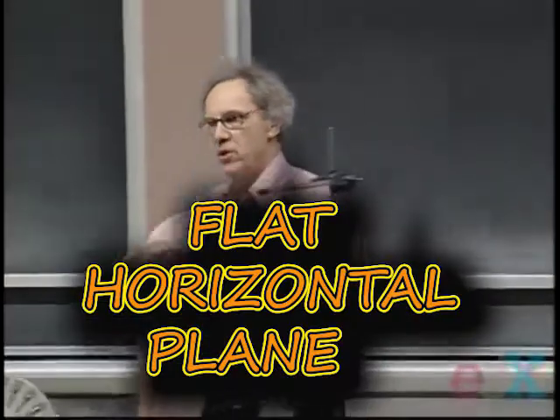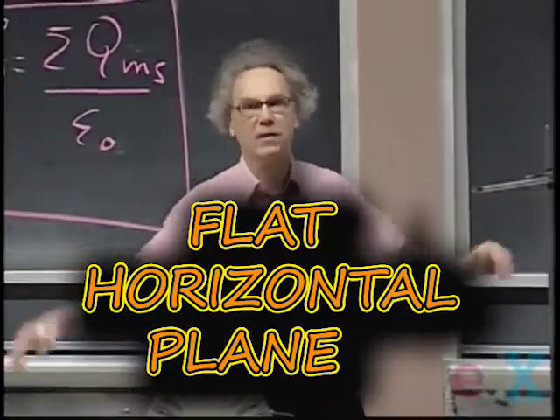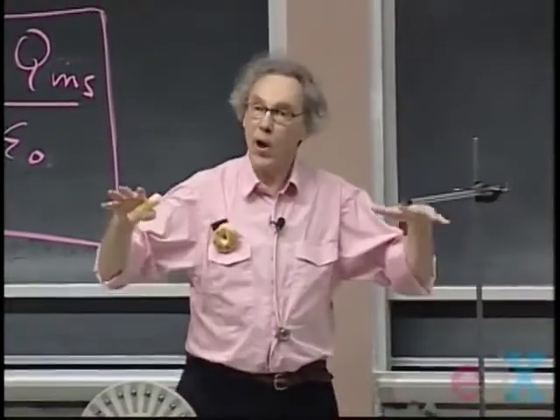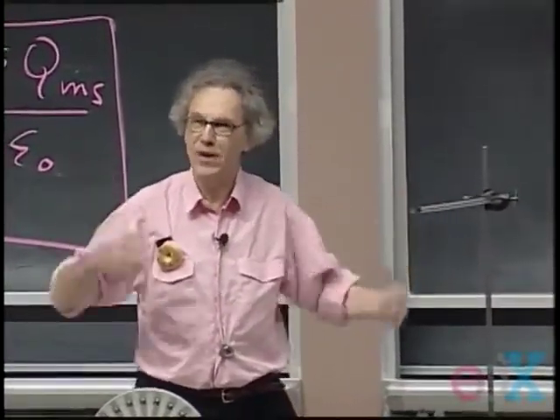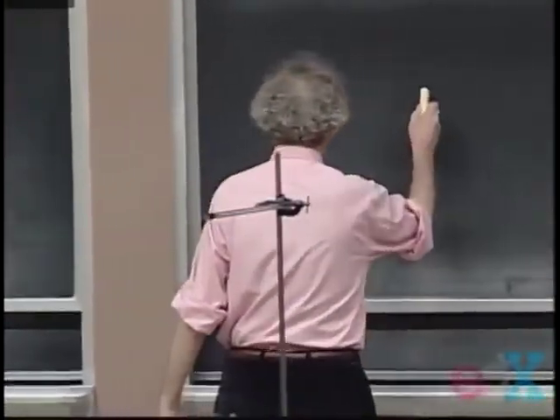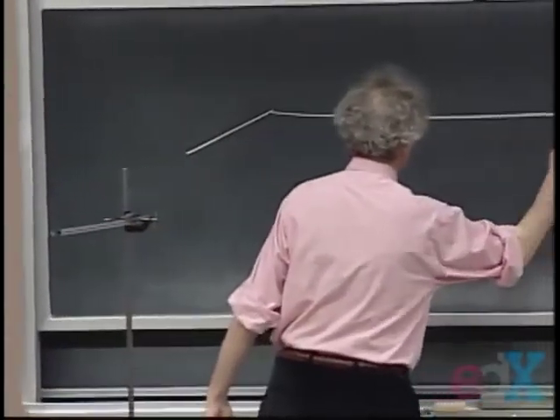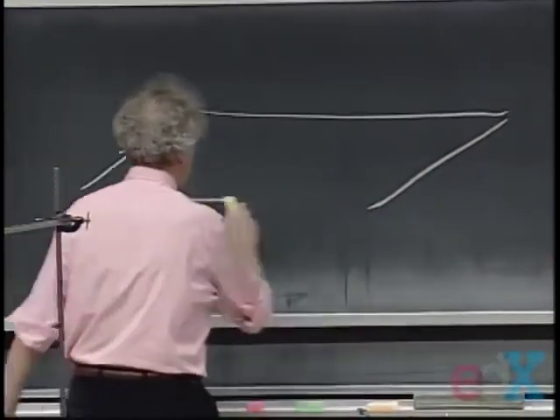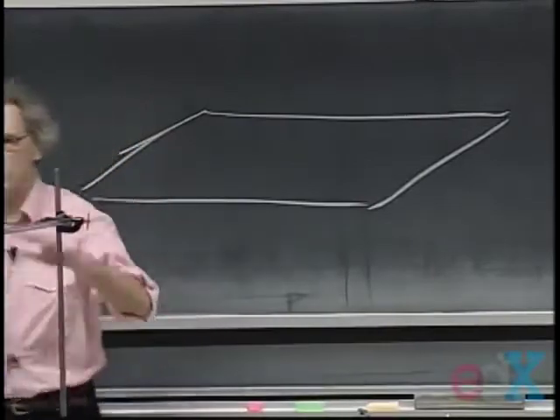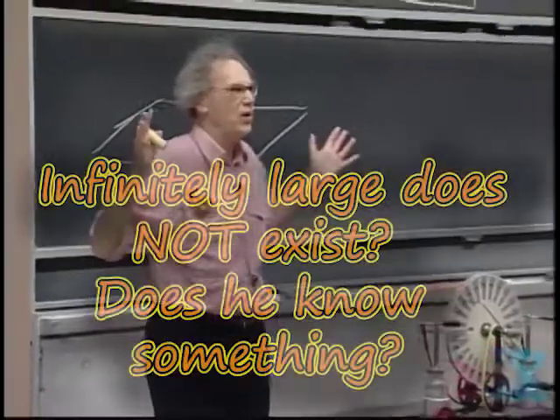Now I will present you with a second form of symmetry, which is a flat horizontal plane. And I want you to work out most of it, but I'll help you a little bit to set it up. Suppose we have a plane which is very, very large. Think of it for now as infinitely large. It doesn't exist, of course.